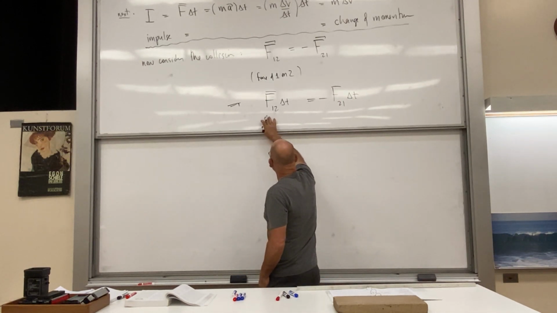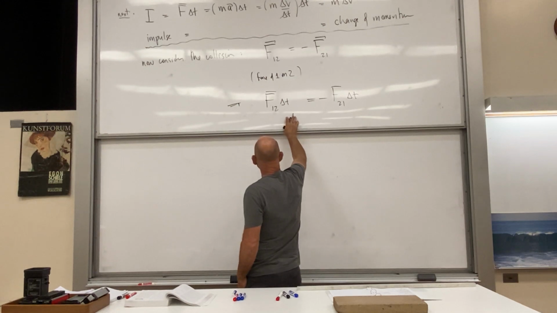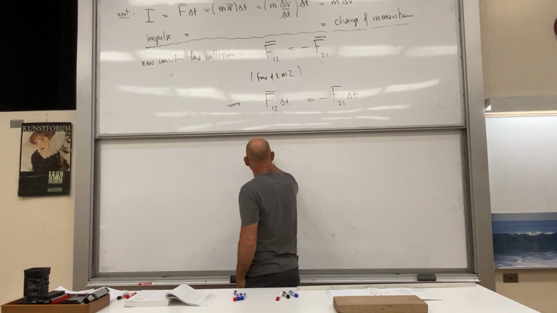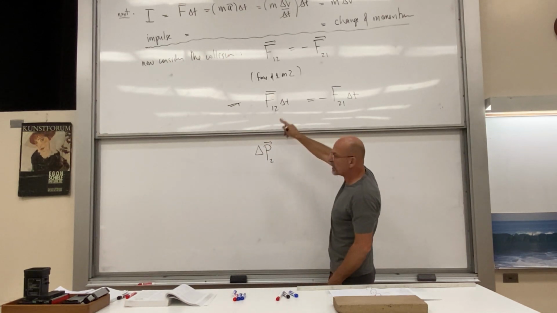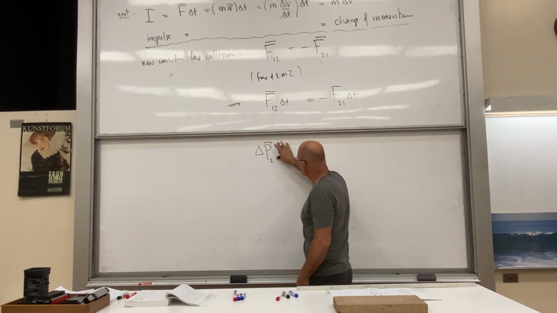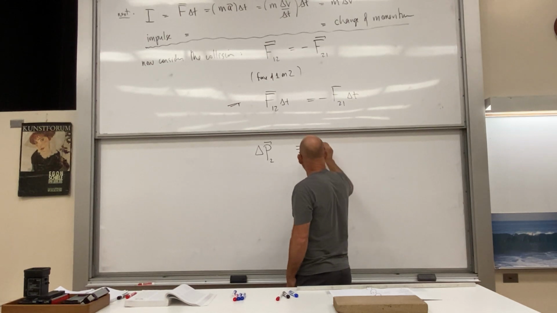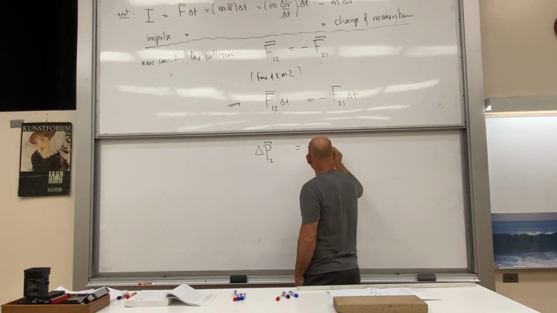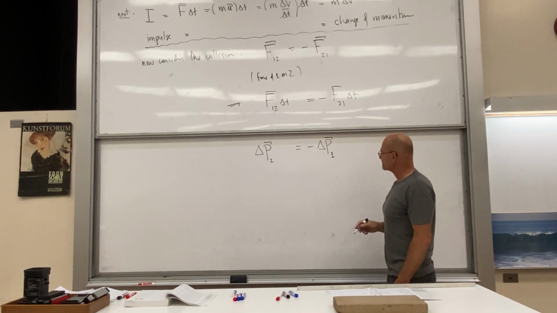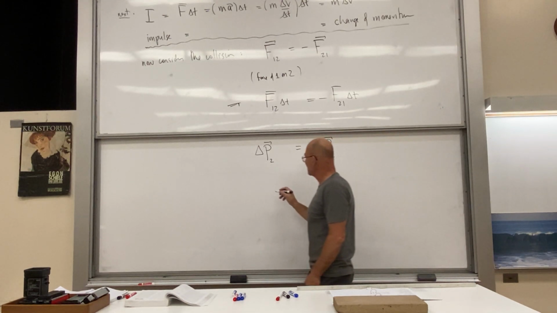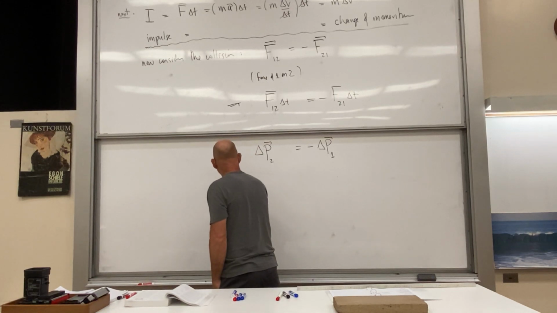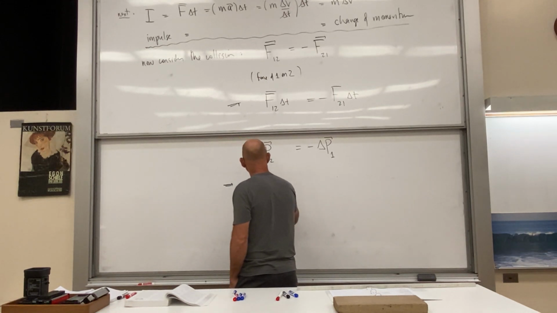So we have the force of 1 on 2 times delta t. So that is the change of momentum delta p of object 2, right? Because it was force of 1 on 2. Change of momentum of object 2 equals minus the change of momentum of object 1, which means that, let's write it out.